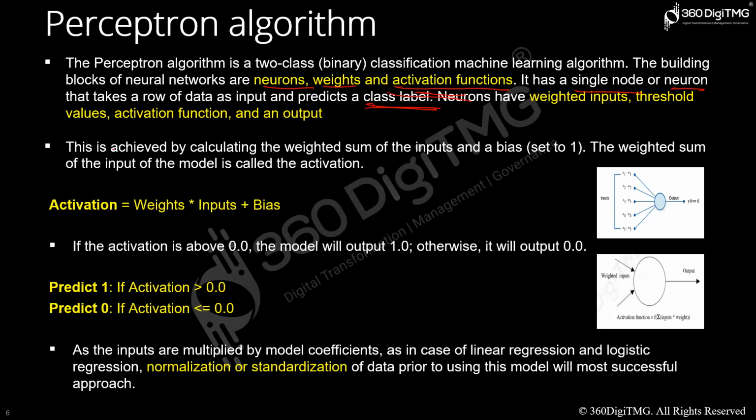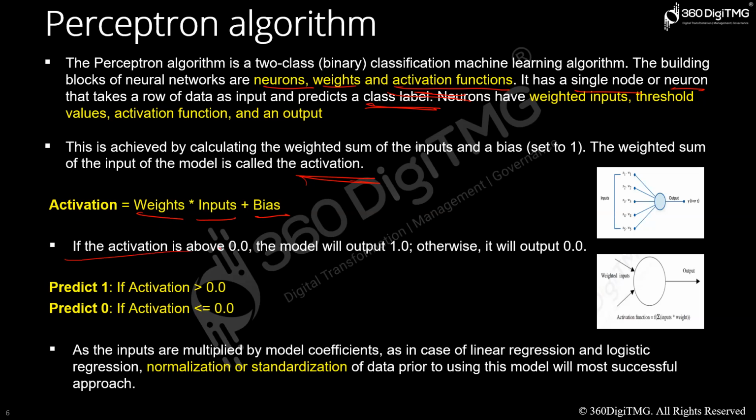When you calculate the weighted sum of inputs and a bias which is set to 1, the weighted sum of the input of the model is called the activation. So we have a simple formula for activation, that is weights into inputs plus bias.